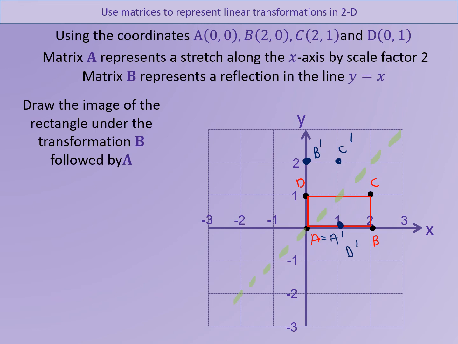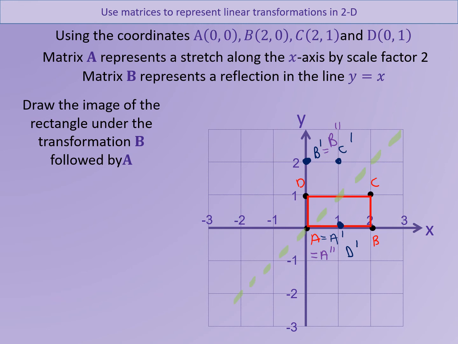And then let's transform this again using matrix A. So this time it's going to represent a stretch along the x-axis by a scale factor of 2. So A prime and B prime will remain the same here. So this is A double prime, and B prime is the same as B double prime. They don't move, they are not transformed. And so as we are stretching along the x-axis, we are moving C prime and D prime by a scale factor of 2.